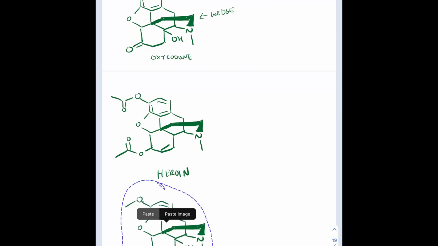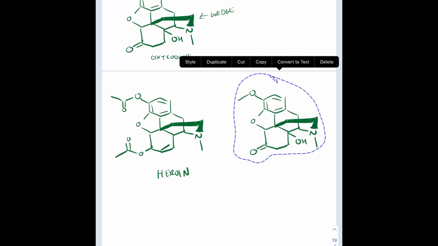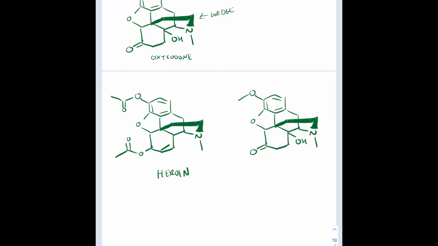Okay, and let's take a look at morphine. So morphine is looking like this. Let's put it right there. All right, so we've got to delete that stuff. We're putting that OH back there, put another OH there. We've got the double bond there, and this is morphine.